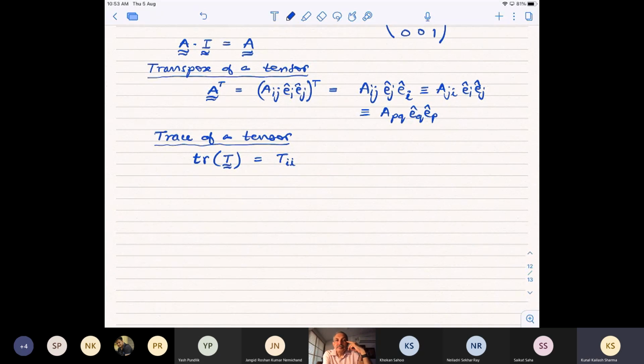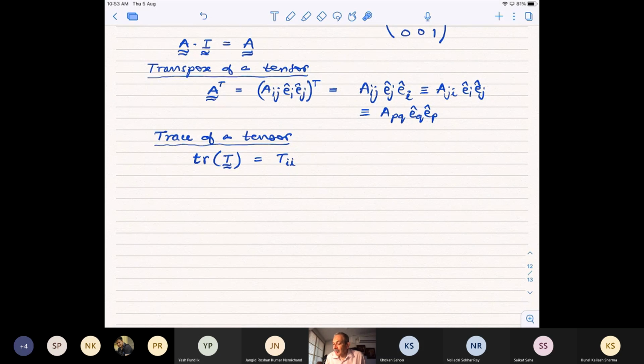Normally trace means the diagonal elements of a matrix. So is it just the diagonal elements? The sum of the diagonal elements. Now if I write it like this, is this equation correct? Does it make sense? For Tii we need a summation, but since we are following the summation convention, notice that the i is repeated.